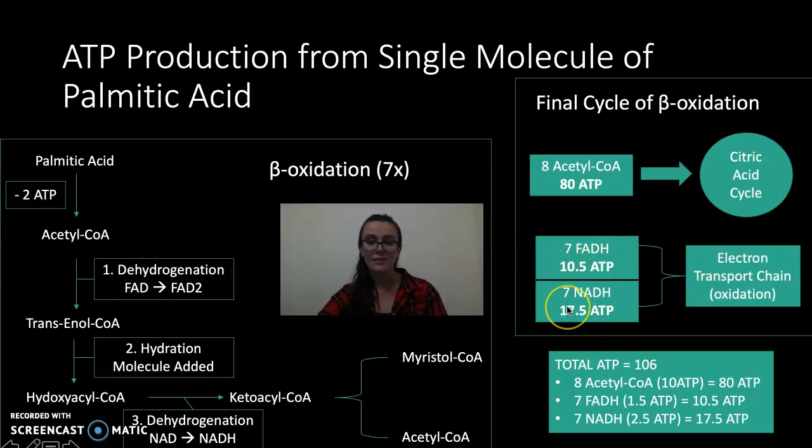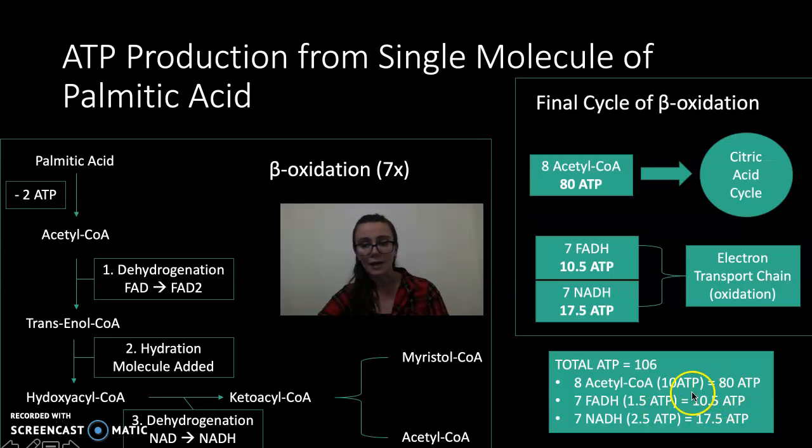Second, we also have the 7 NADH. In the third phase of beta oxidation, that's the NAD to NADH. Looking at the legend, NADH yields 2.5 ATP per NADH. Beta oxidation goes through 7 times, so we multiply that by 7, which gives us a yield of 17.5 ATP.